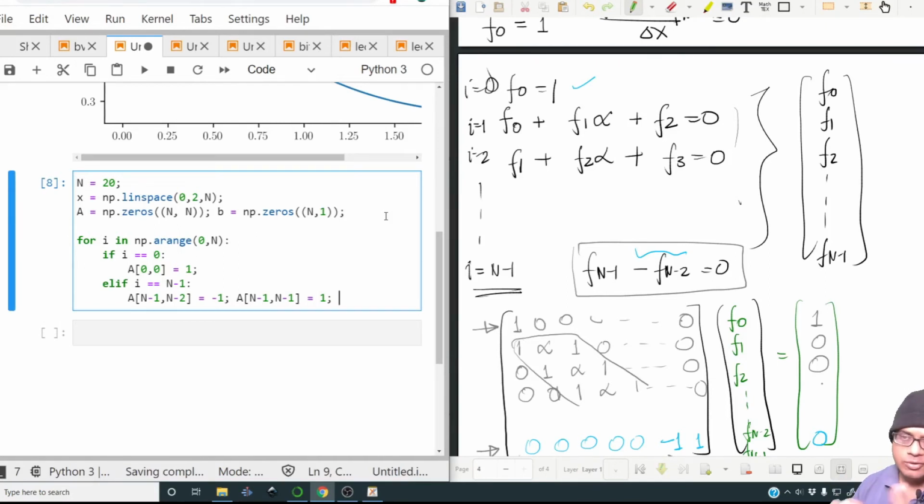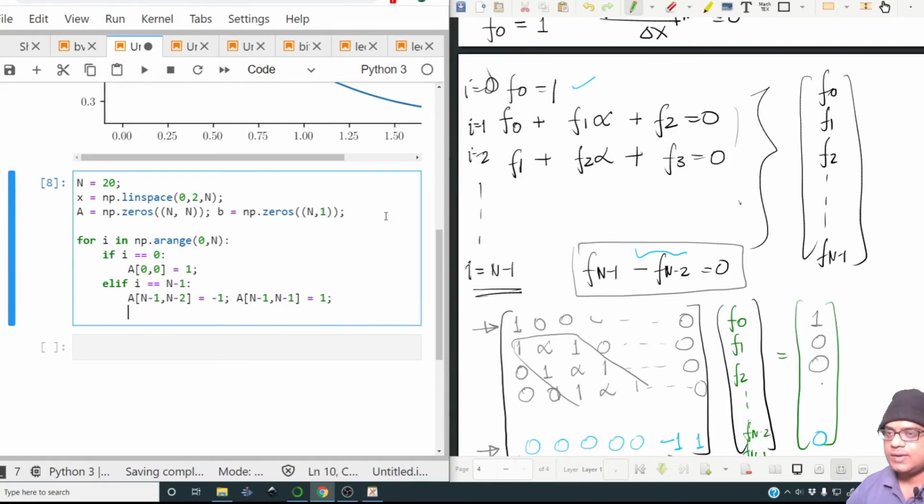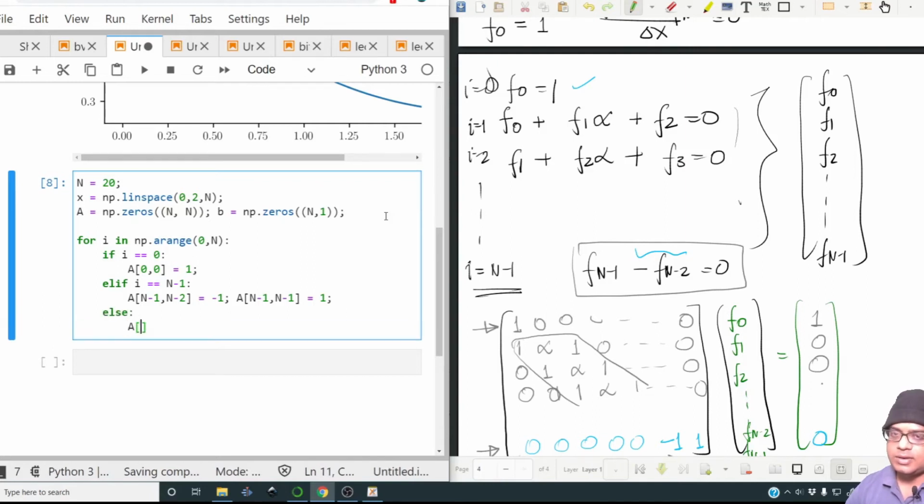If they are not the boundary nodes, then we continue as normal, else A[i,i]. I could have written this in terms of n minus 1 as well, but I think it is better to write it in terms of i, because it's already doing the check whether i is equal to n minus 1.